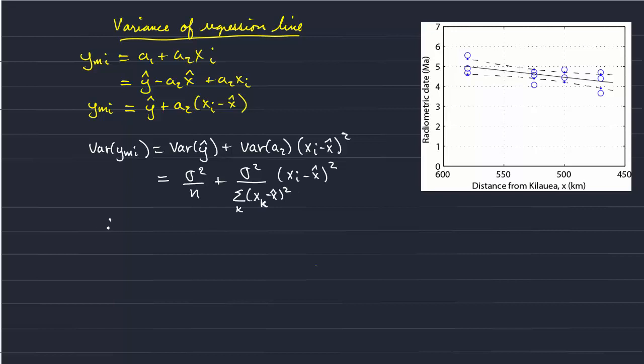And so the variance of each point of our regression is equal to sigma squared times 1 over n plus the deviation of each point of x from its mean squared divided by that sum again.